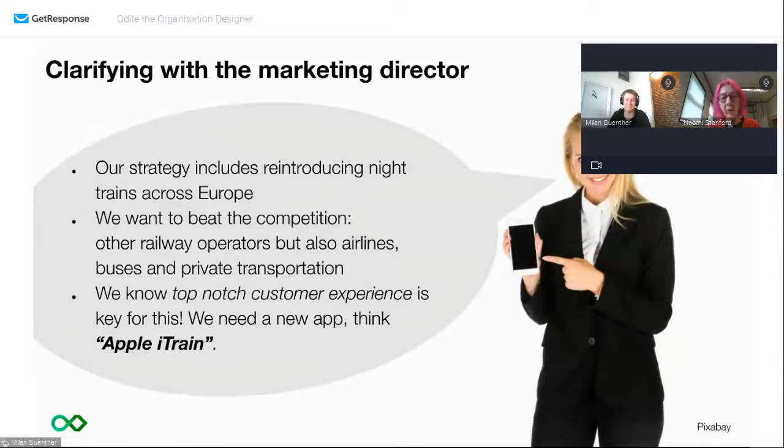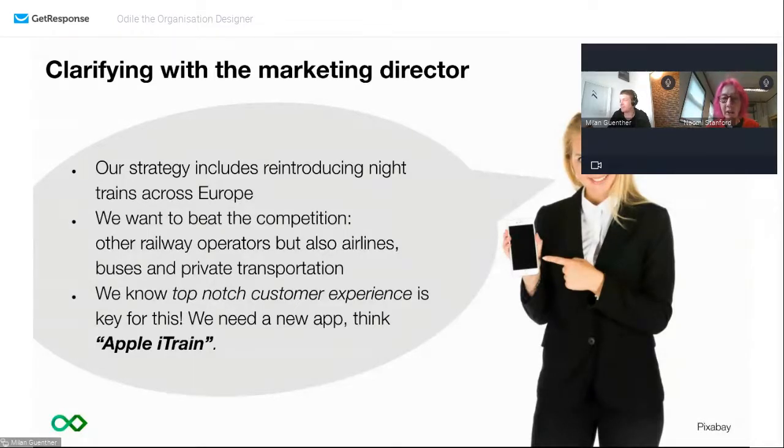So what does that mean in practice? But here you've got an added complication of beat the competition, who are other railway operators, but also airlines, buses, and private transportation.